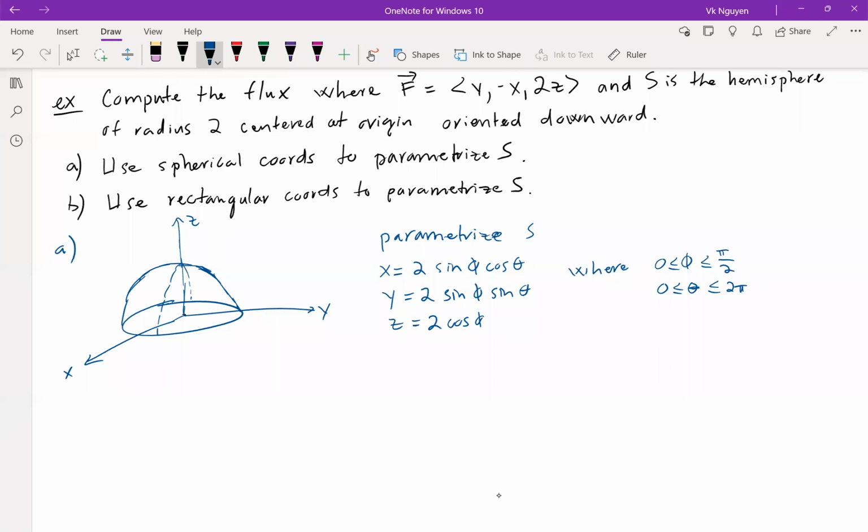Yeah, so that's this. When we parameterize S, r of phi, theta is this one: 2 sine phi cosine theta, 2 sine phi sine theta, 2 cosine phi.